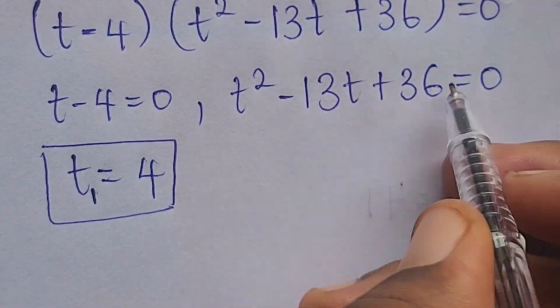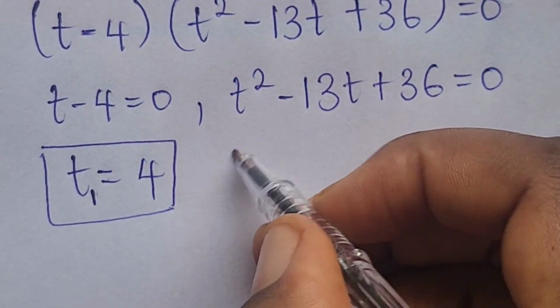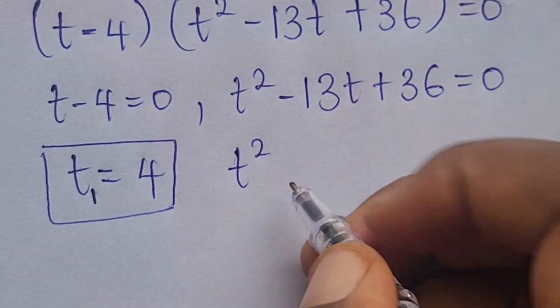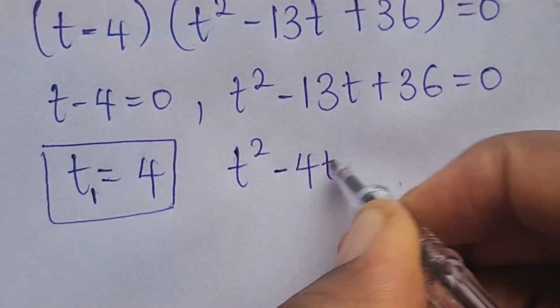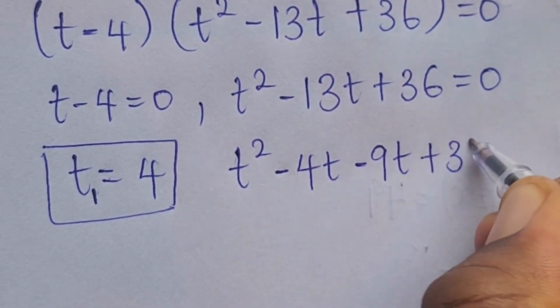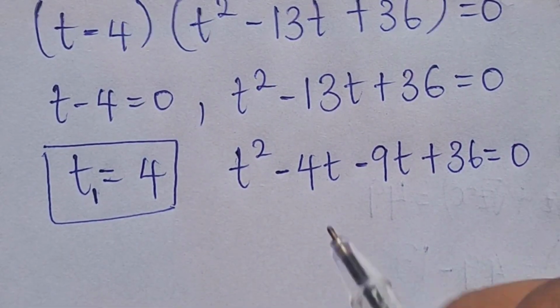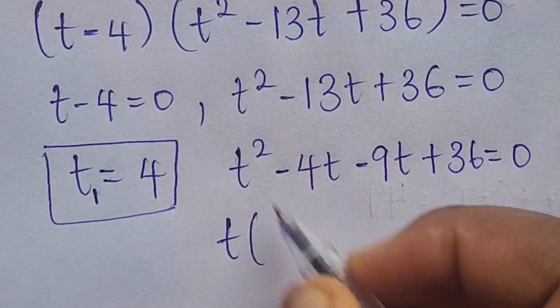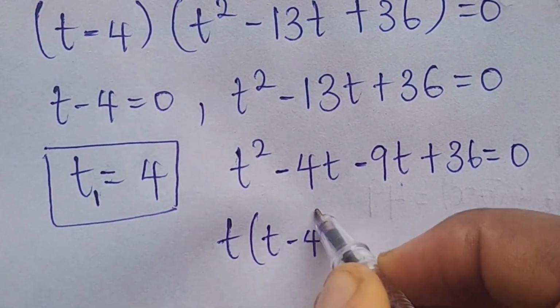Solving this quadratic equation, let's break it down. We have t squared, and for the 13t, we can have minus 4t minus 9t plus 36 is equal to 0. When we factor out t, we are left with t minus 4.